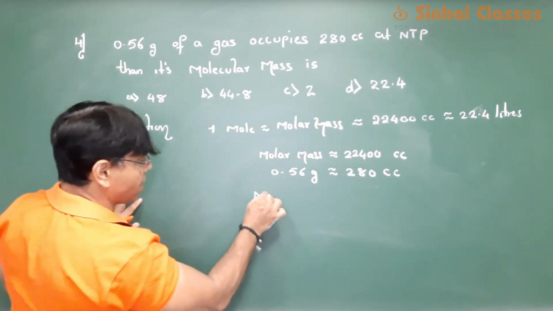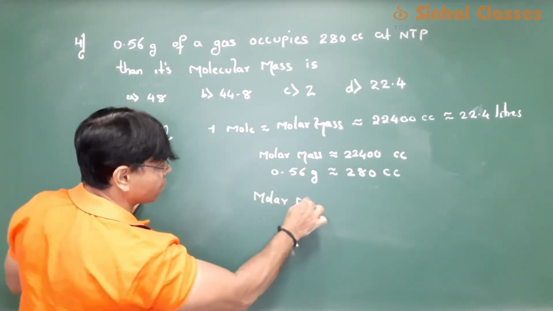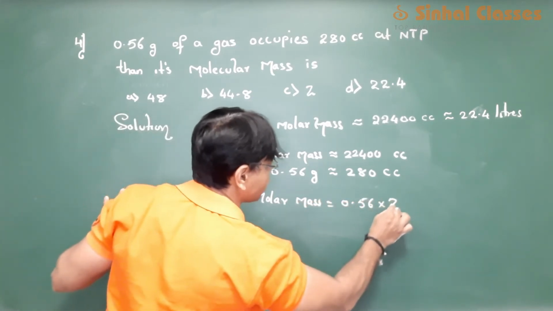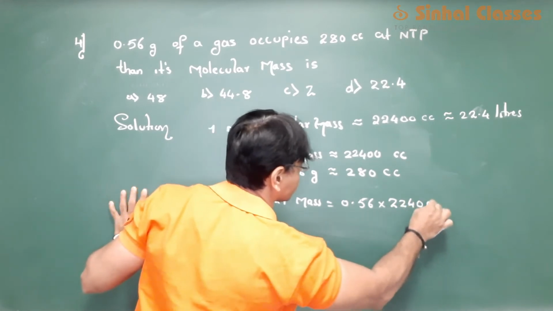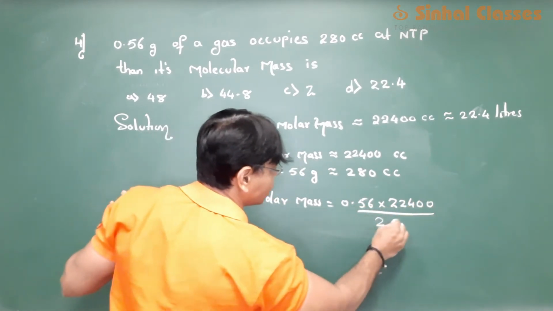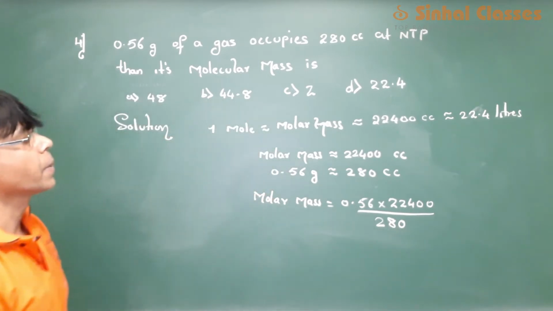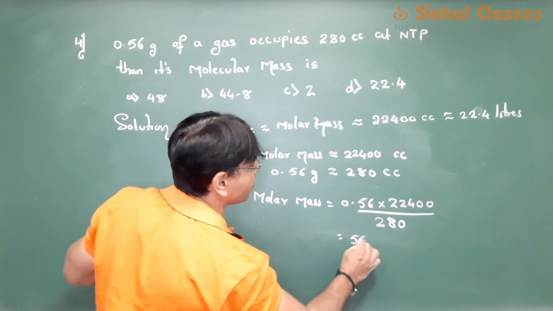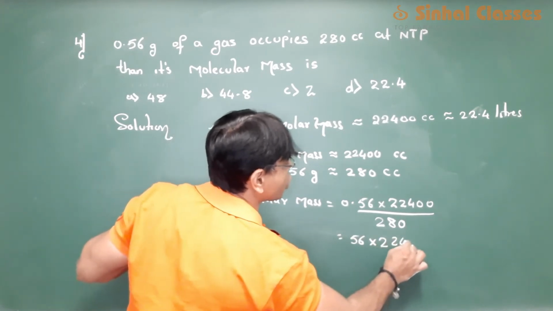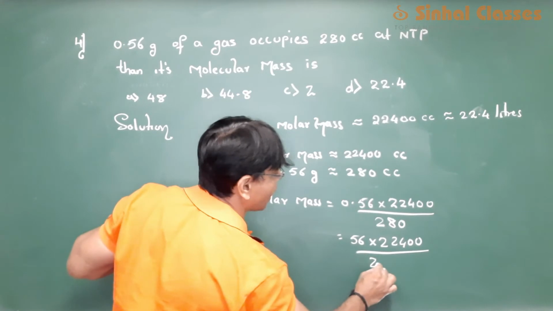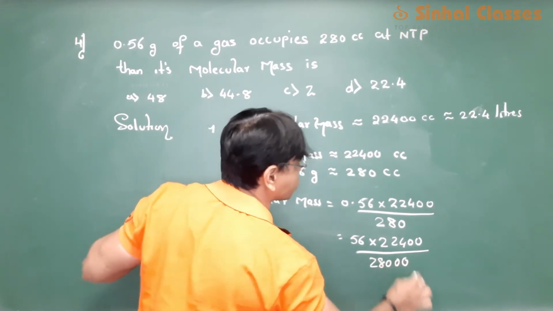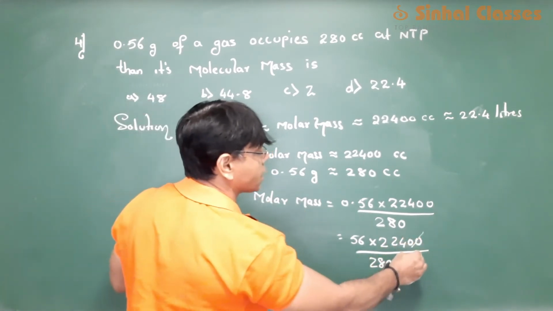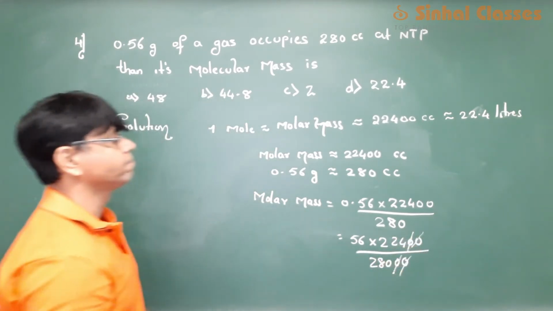Now the molar mass will be equal to 0.56 multiplied by 22400 divided by 280. Remove the decimal, it will become 56 times 2400 divided by 2800. Now very simple calculation, this 00 will get cancelled.